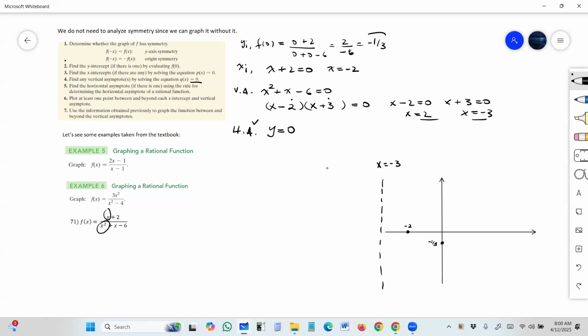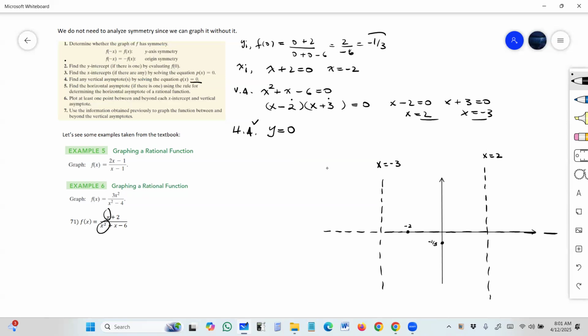and I have x equals 2. And I have that y equals 0 is another asymptote. Now, this is what I want you to see. Something very interesting happens here.